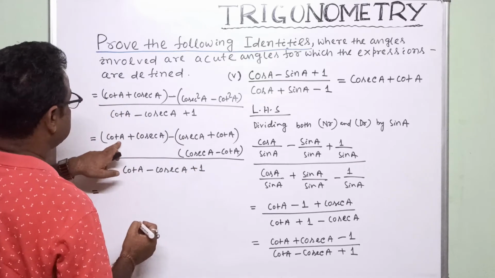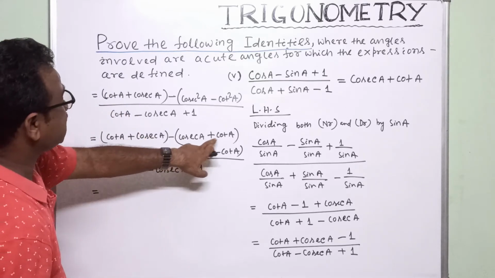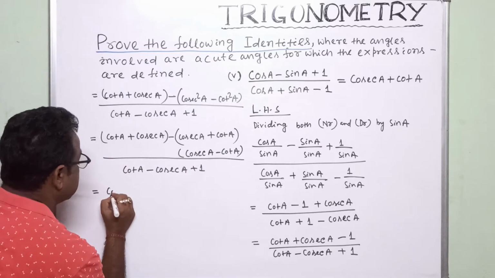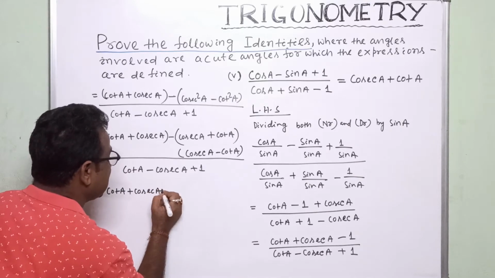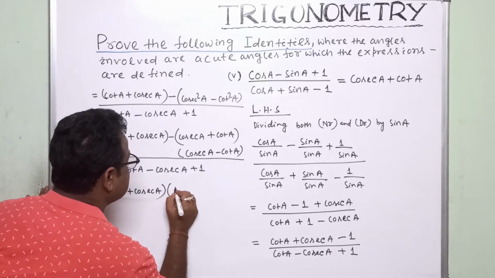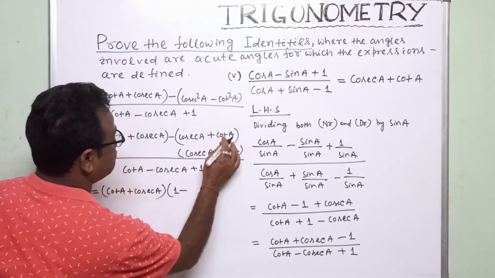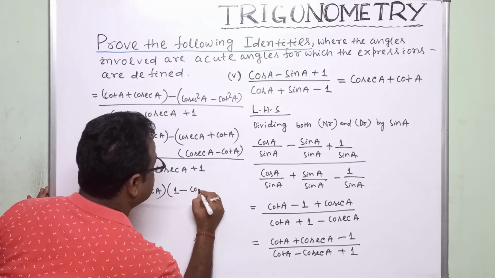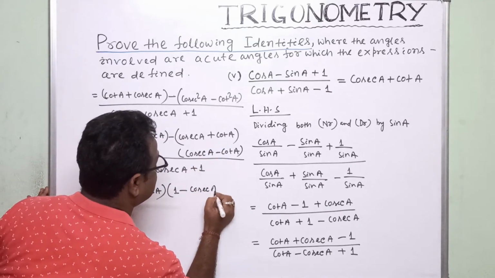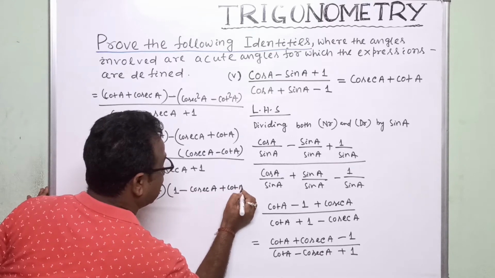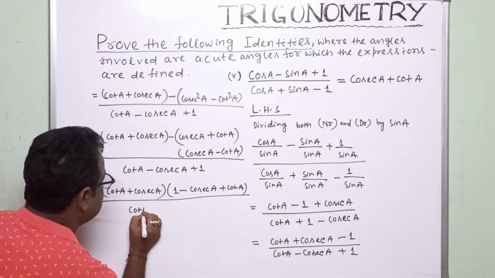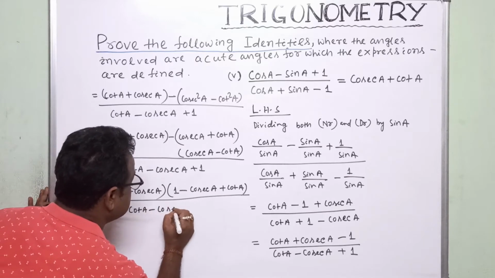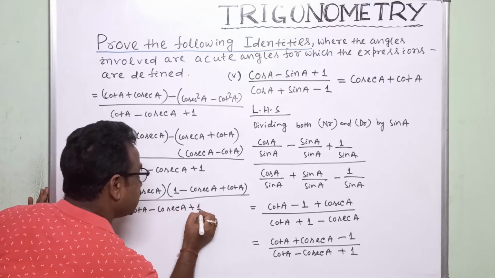Now taking cot A plus cosec A common, we will get (cot A plus cosec A) into (1 minus cosec A plus cot A), whole divided by cot A minus cosec A plus 1.